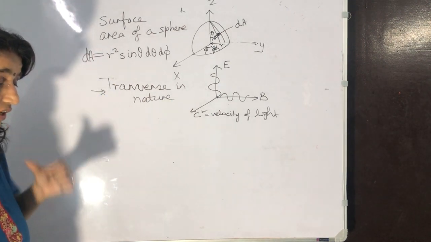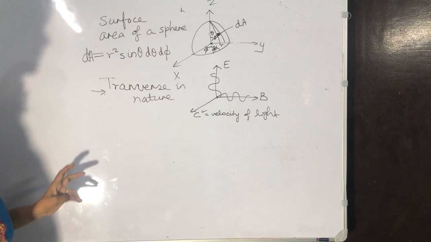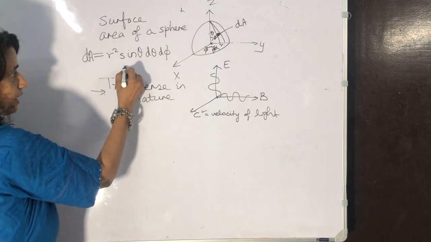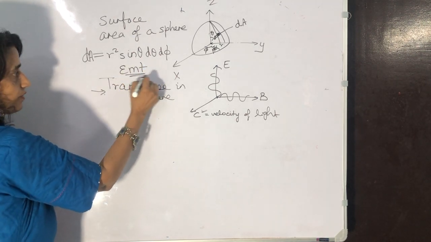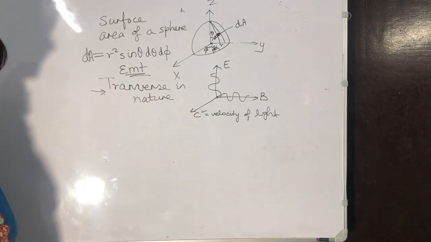We have two types of wave motions, transverse and longitudinal. Electromagnetic waves are transverse in nature.